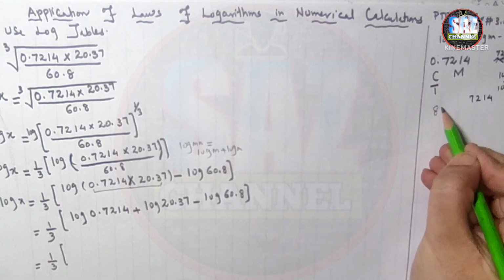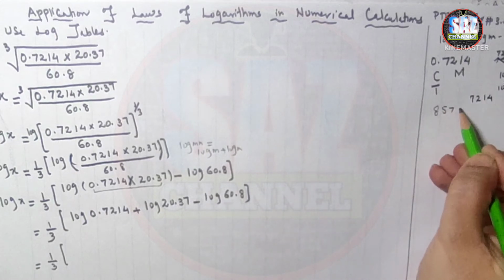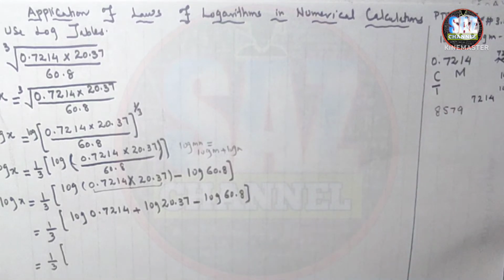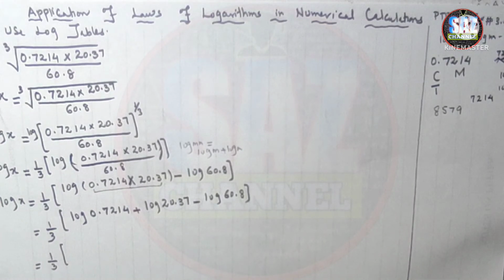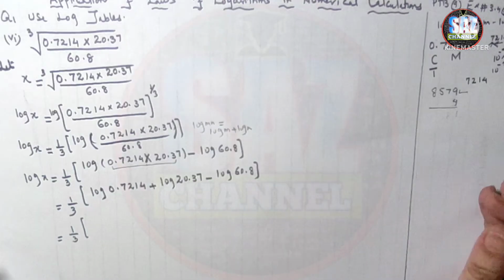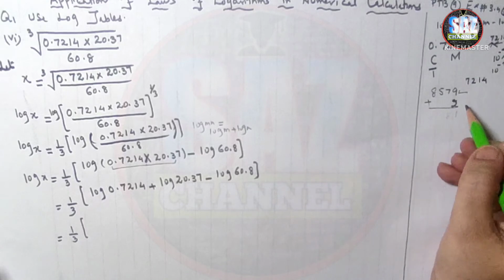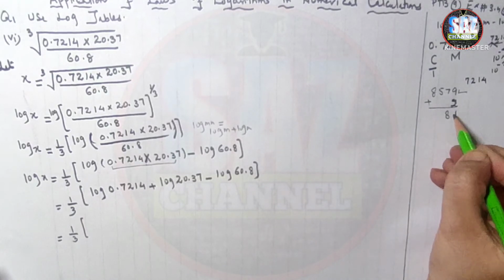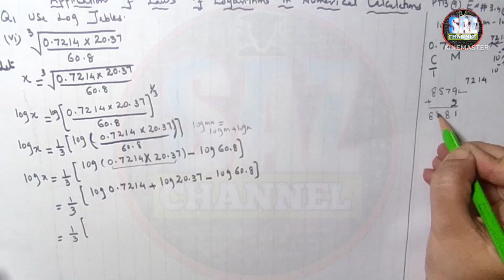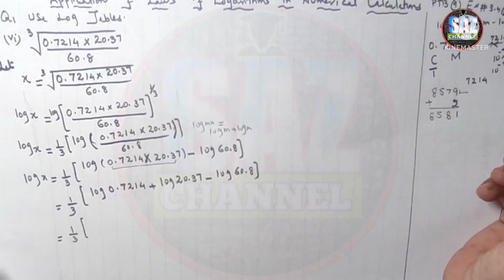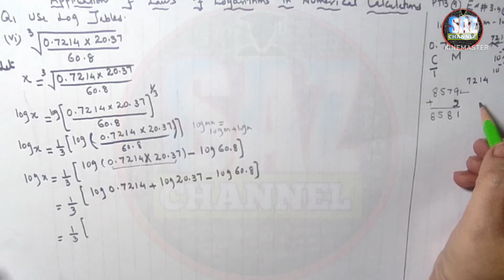When I'm checking 72 in the column of 1, this is giving me 8579, and in the mean difference column 4, this is giving me 2. Now I have to add up these two numbers: 9 and 2 is 11, 7 and 1 is 8, 8581.